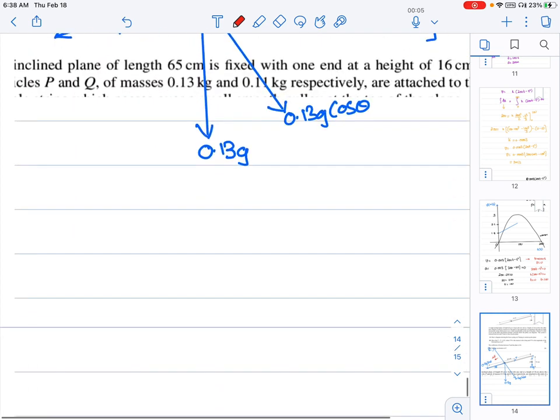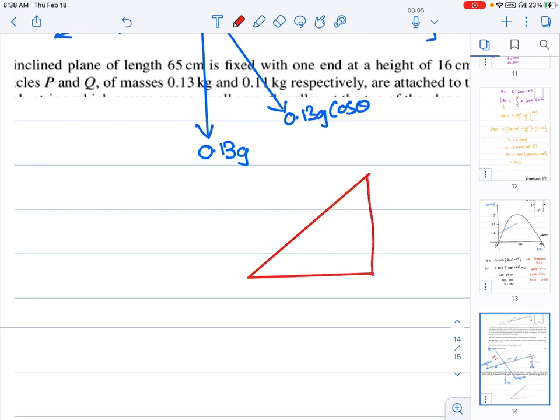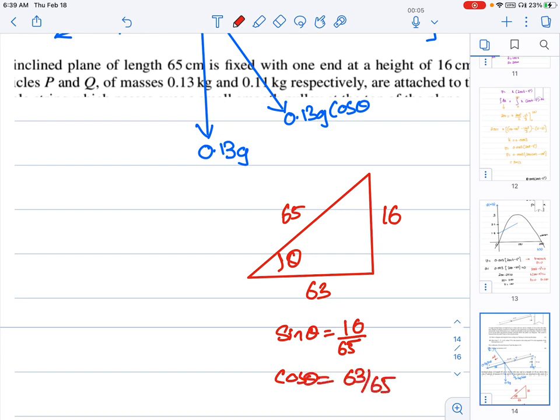So first thing is, we just draw a right angle triangle. This one was 65, height is 16, so by Pythagoras theorem this is 63, so sine theta is equal to 16 by 65, and cos theta will become 63 upon 65.